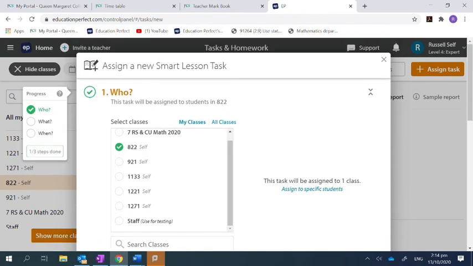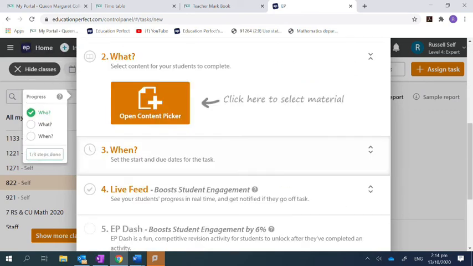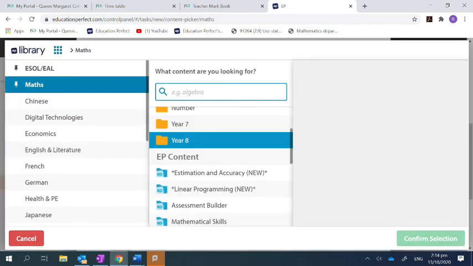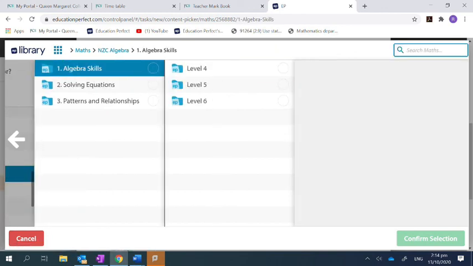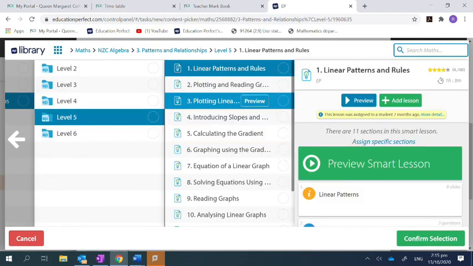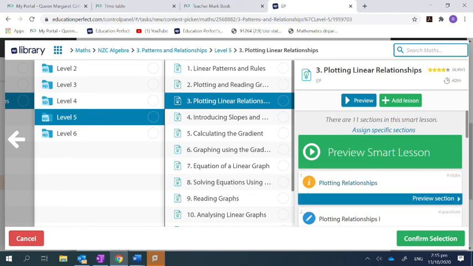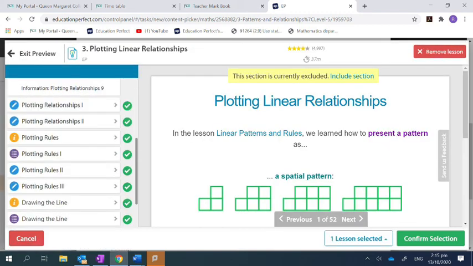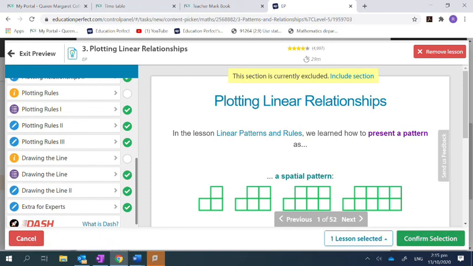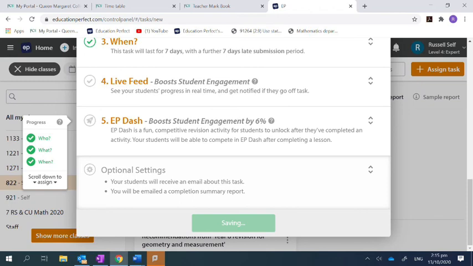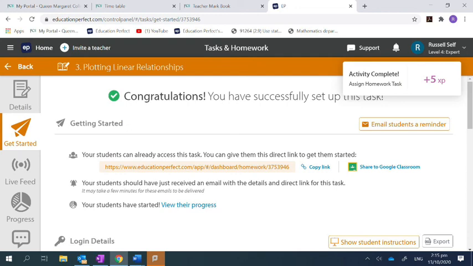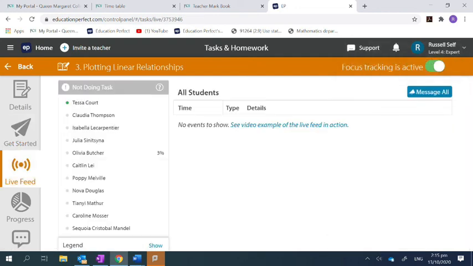Get out your computers. There you go. I expect everybody to be working on it.